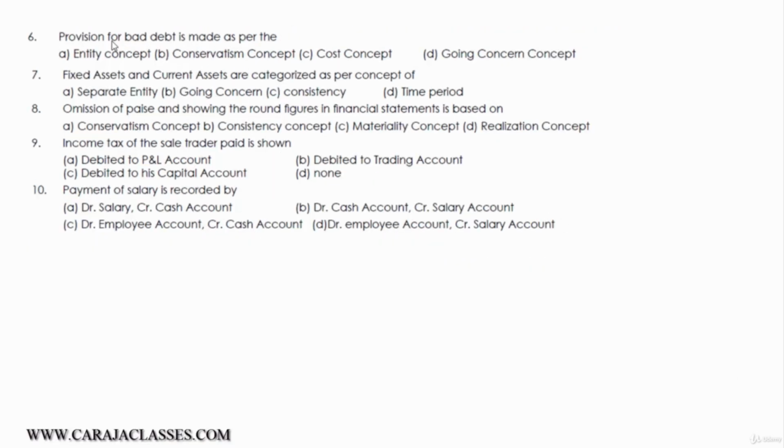Next set of questions. Provision for bad debts is made as per entity concept, conservatism concept, cost concept, going concern concept. What do we mean by provision for bad debts? First of all, in the balance sheet we have certain debtors at some value, but based on experience or by understanding the customer's position, we understand that out of these debtors, some debtors may fail.